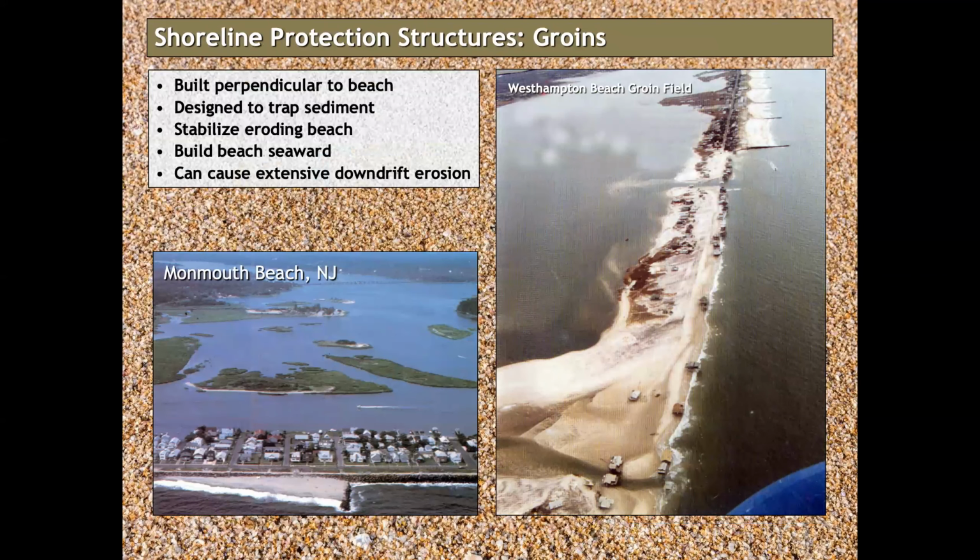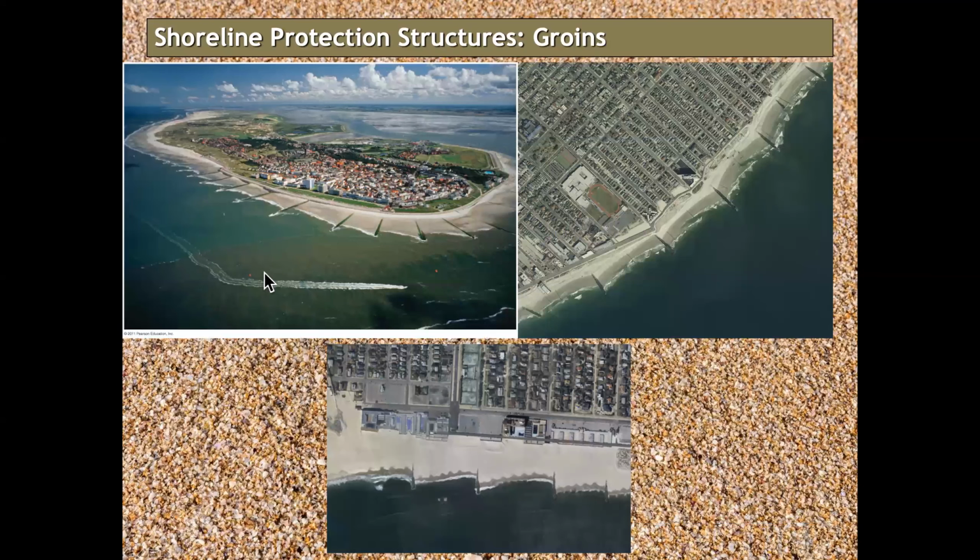So here's an example of groins, and this happens to be in West Hampton Beach in New York. And here's an example of a groin in the town of Monmouth Beach, New Jersey. Okay? Now, here's an example again in North Carolina. And here's an example at another location which I can't remember.